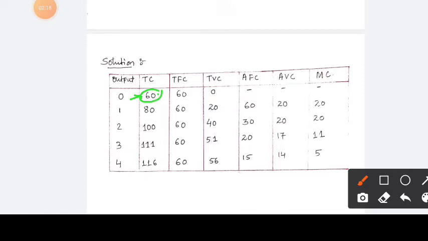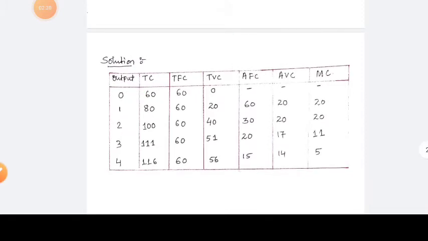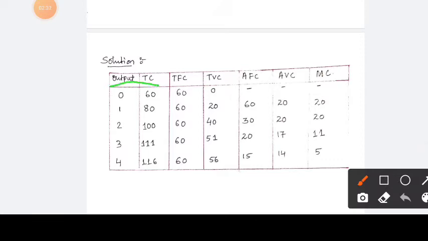Whatever the cost at 0 level of output is our TFC. Whenever you are calculating total fixed cost, you have to see what the total cost is at 0 level of output. Here at 0 level of output, our total cost was 60. So total fixed cost will be 60, 60, 60.